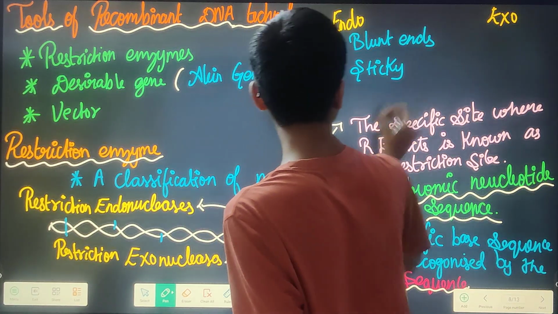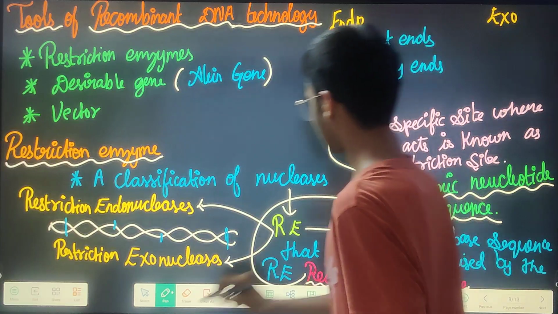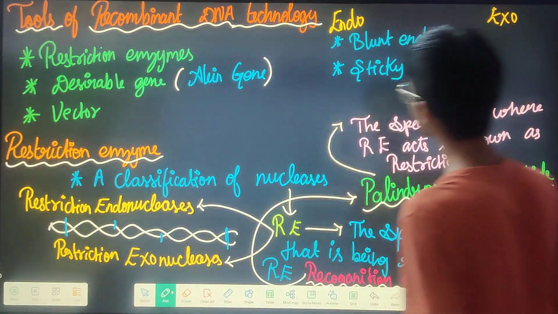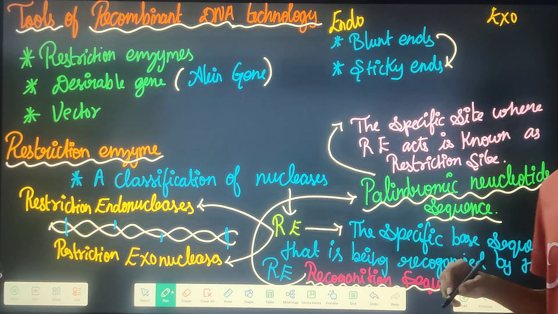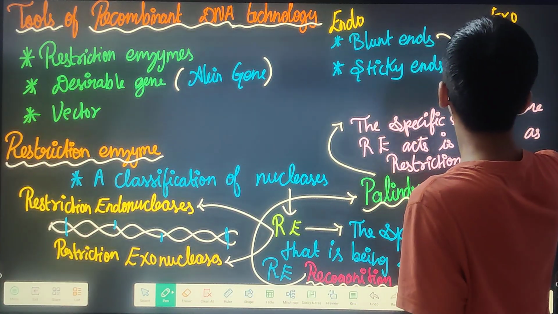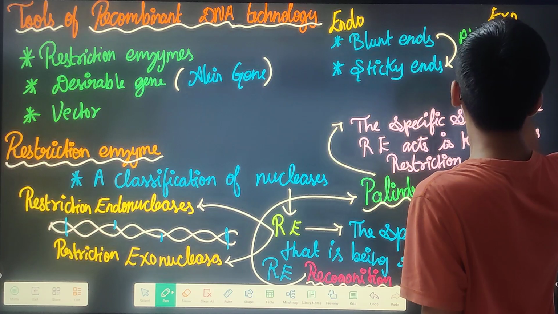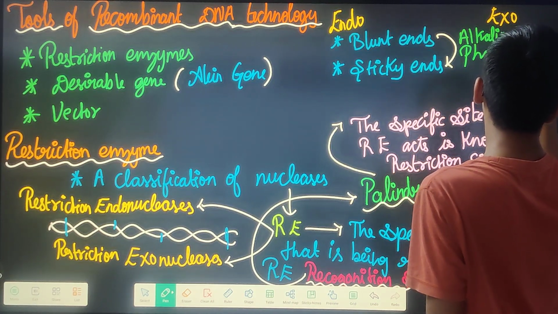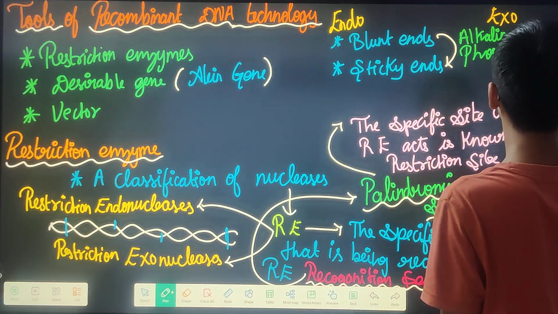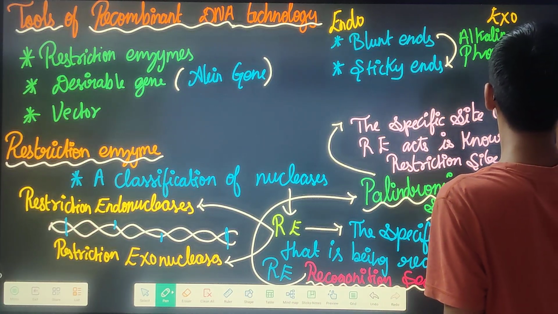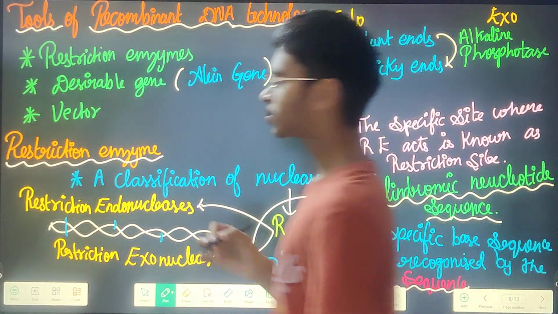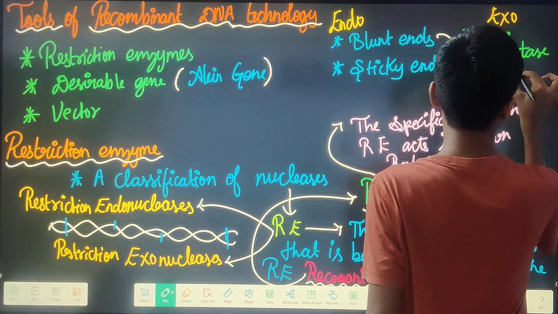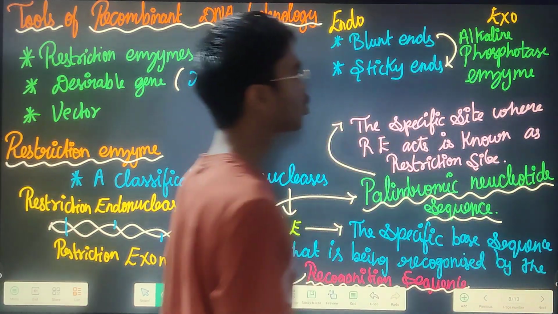So to convert these blunt ends into sticky ends, what will we be using? We will be using alkaline phosphatase. Alkaline phosphatase is the enzyme that is being used.